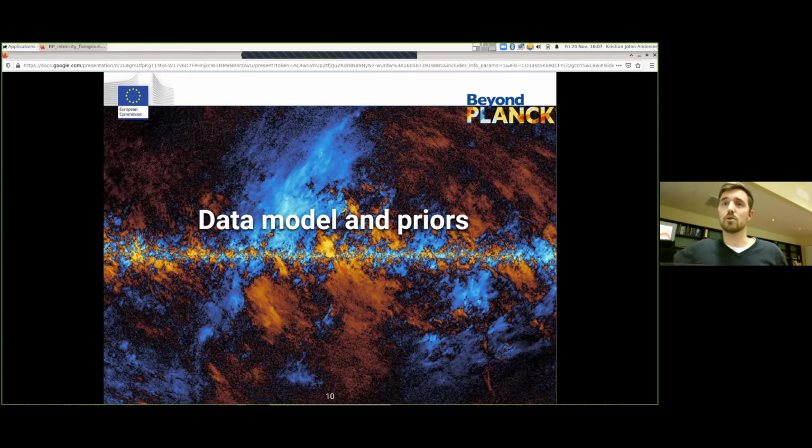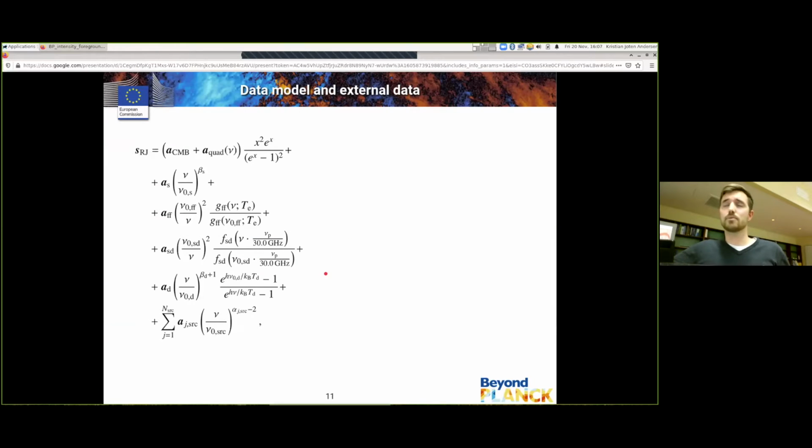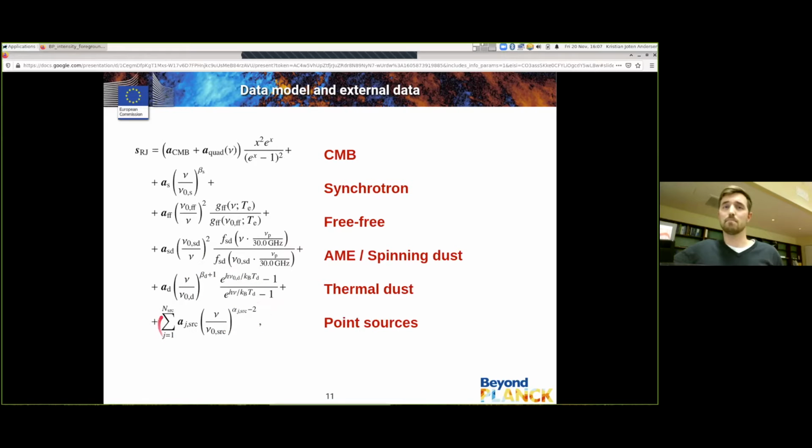So now we're going to look at the data model and the priors that we implement in order to constrain our model. In short, we implement the same components as the 2015 Planck analysis did, having the CMB, the synchrotron, the free-free, the AME as a spinning dust model, the thermal dust model, and point sources. Now, the point sources were not included in 2015, but were included in 2018.